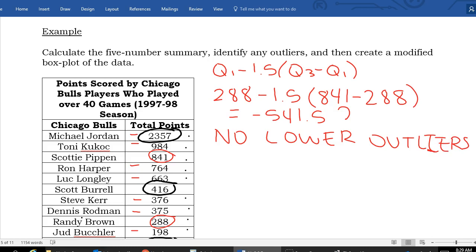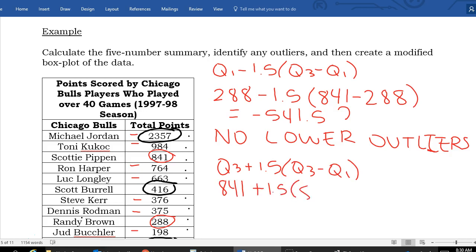We're going to do our upper fence calculation. That'll be Q3 plus 1.5 times the interquartile range. So we'll have 841 for our third quartile plus 1.5 times 841 minus 288.